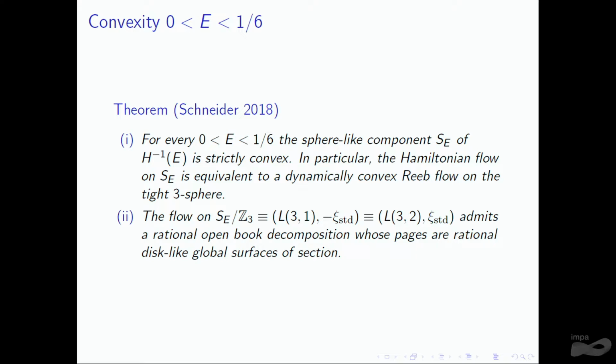And then we can use results for Reeb flows on lens spaces to apply to this energy level with this quotient. Okay. In particular, it's possible to obtain this rational disk-like global surface of section.